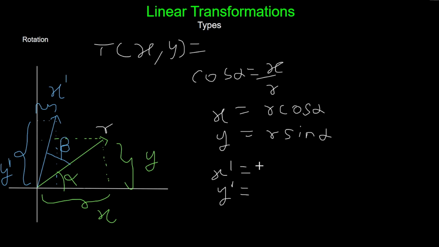We will have r cos of alpha plus beta. Similarly, for this y dash, we will have r sine alpha plus beta.